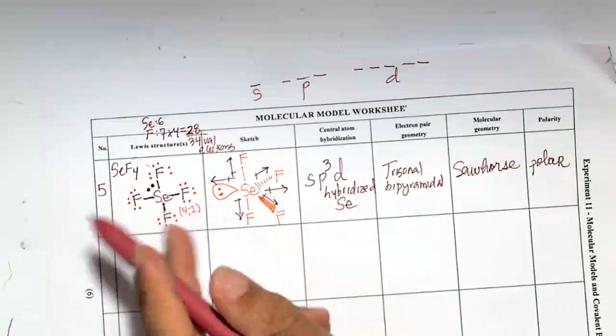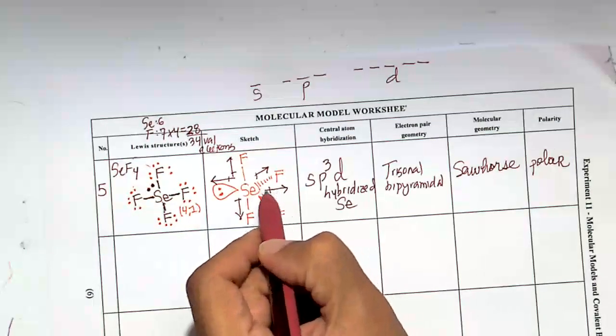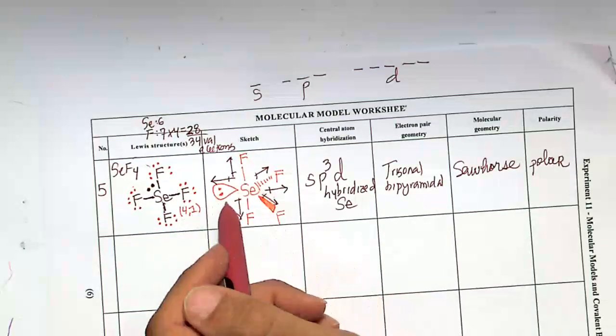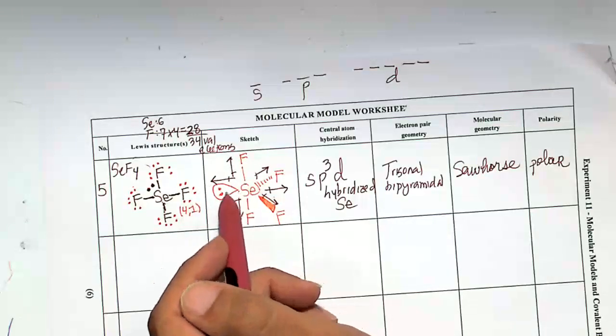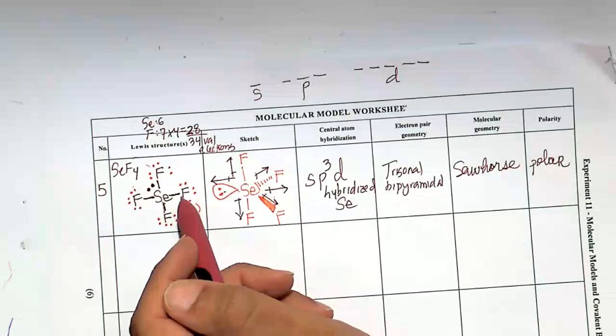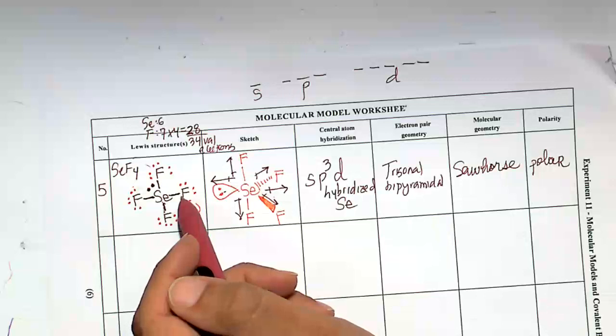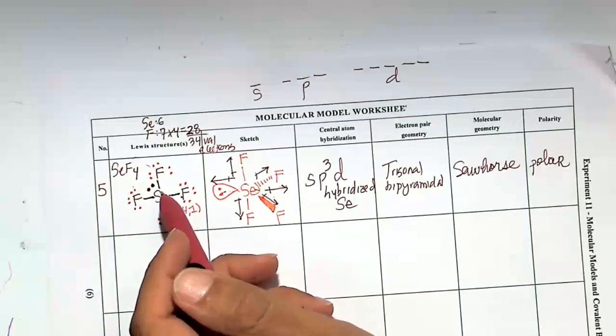Okay, because this lone pair of electrons is going to pull, and I would say that these two fluorines are not strong enough to cancel out the pull of these electrons. If we replace that with, let's say, this lone pair of electrons bound to another fluorine, would it be polar or non-polar? Definitely it would be non-polar, because this pull will cancel out that pull.